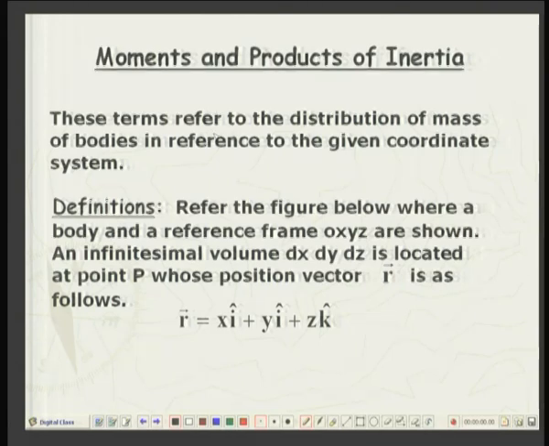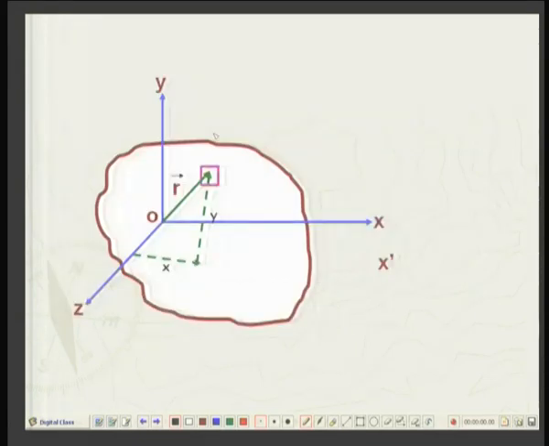So, if I refer to the figure here, let us say this is a three-dimensional body and an arbitrary coordinate system x, y, z, and I consider a small cuboid of the body, or element of the body, whose mass is dm. Okay. So, this element is located at a position vector r, which means that its coordinates are x, y, z.